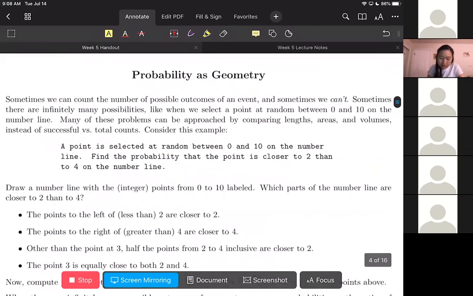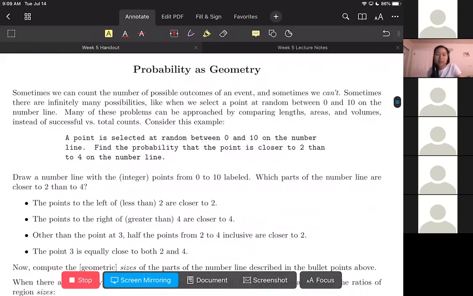So I want to move on to another type of probability, and this is using geometry to help us calculate probability. Sometimes we can count the total number of possibilities of an event, but sometimes we can't. Sometimes we have infinitely many possibilities. If the question is, let's select a point, you can pick any of infinitely many points.